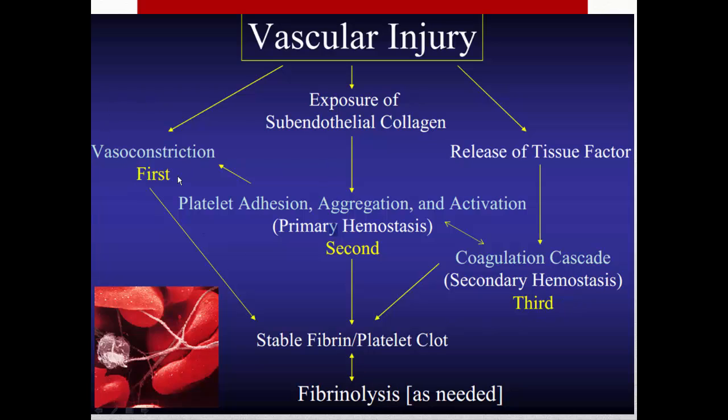All three of these things in combination then result in a nice stable fibrin-platelet combination clot that will plug the hole and prevent blood loss, and then allow the vessel wall to repair itself. Once it's repaired, the blood clot's not needed anymore, so now we need to break up the blood clot in a process called fibrinolysis.